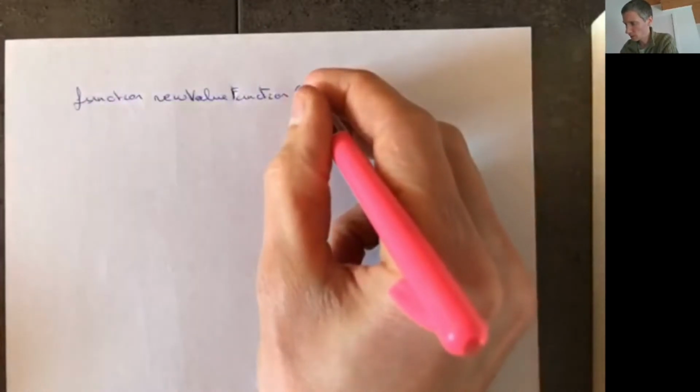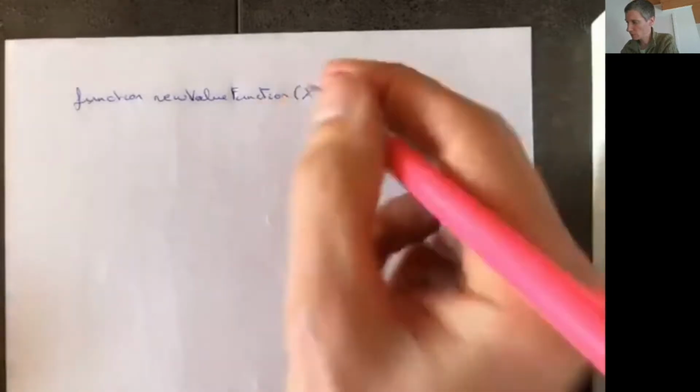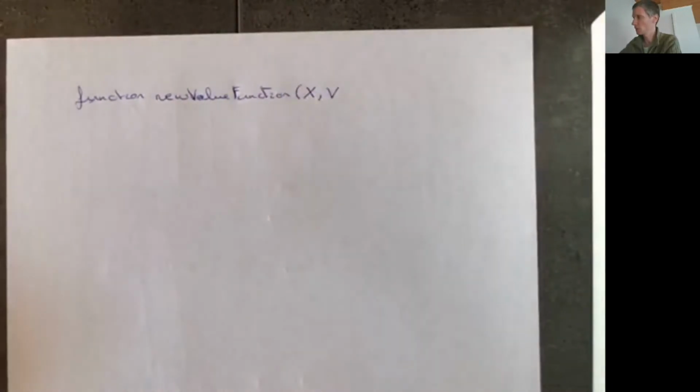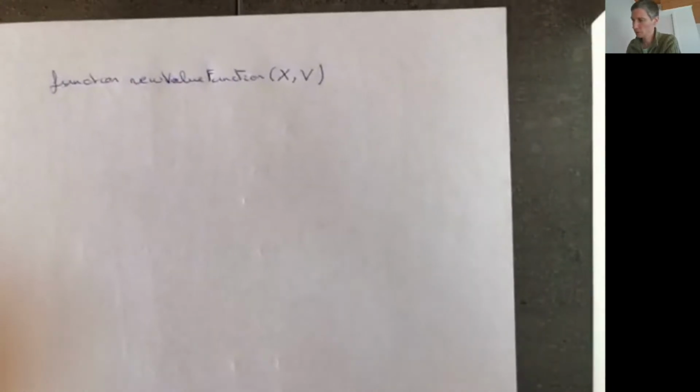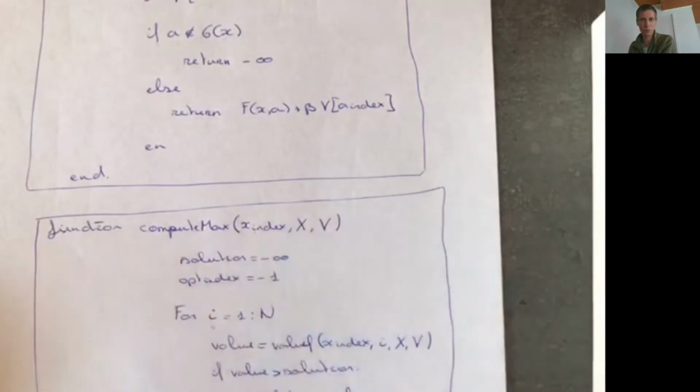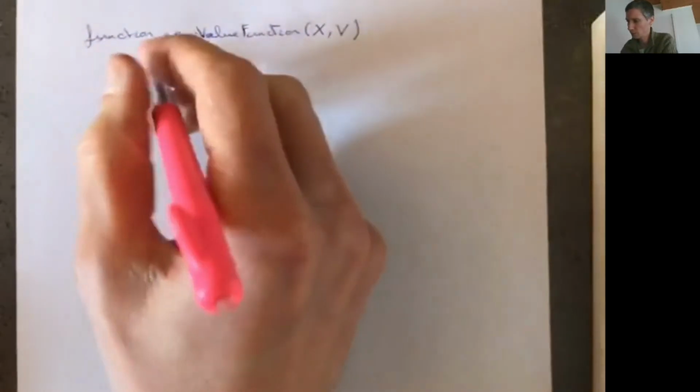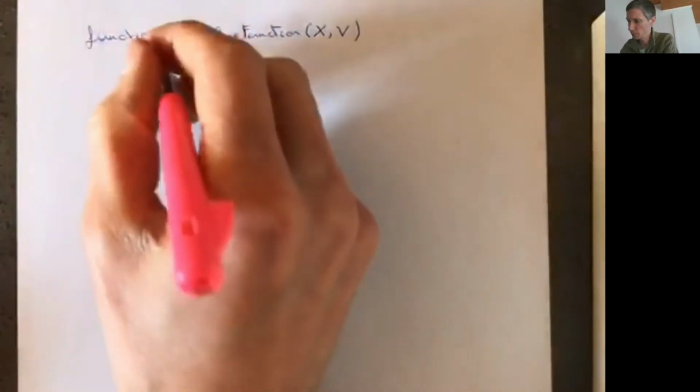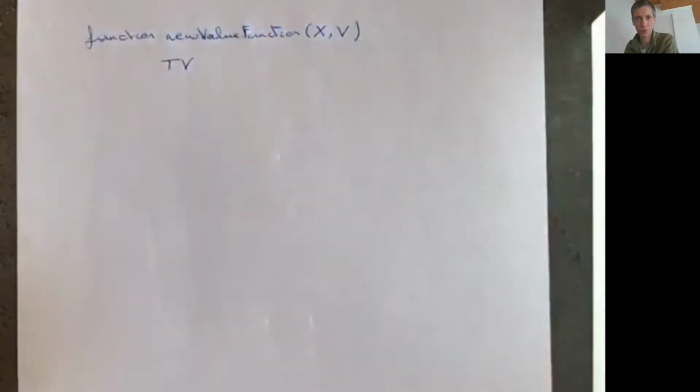Okay, so now I need the set of states, and I will probably also need a vector v of the current value function. And what I need to do is, basically, iterate this over all possible values of x. Okay, so I will need to store the new value function into something, right?